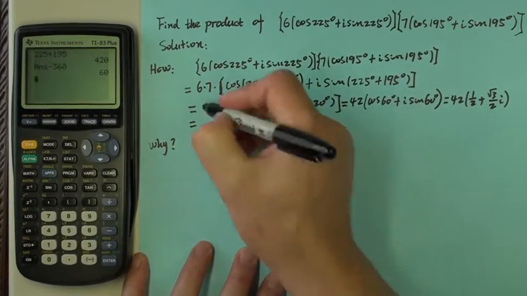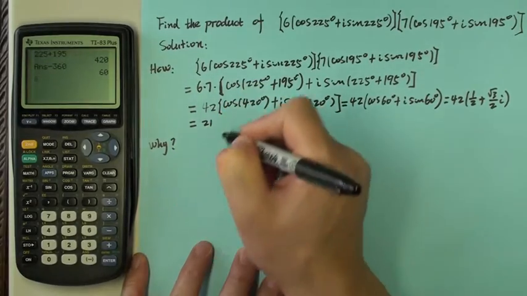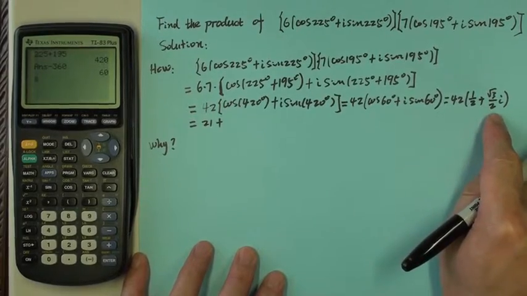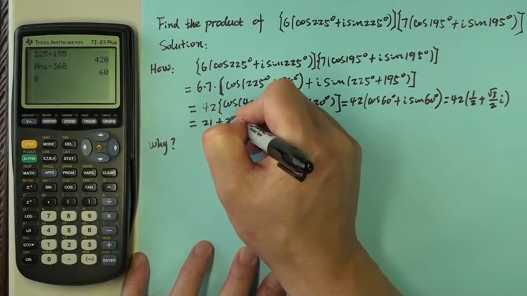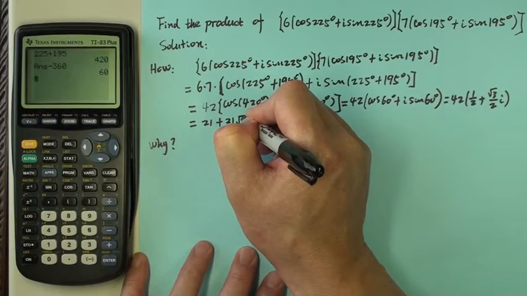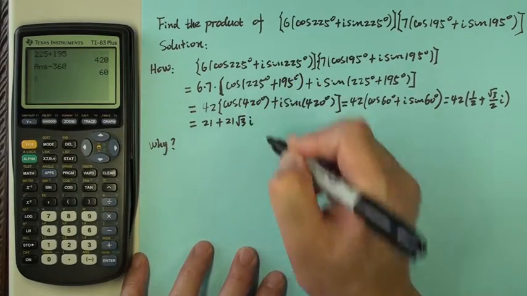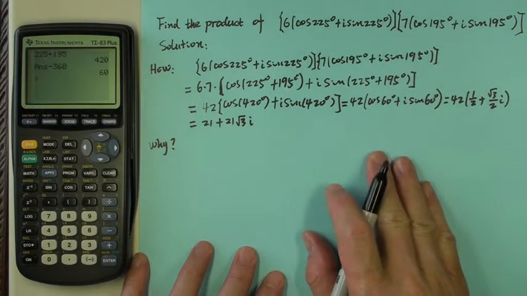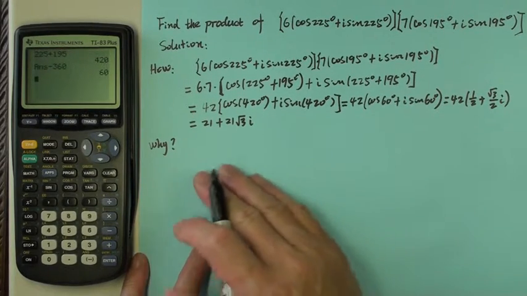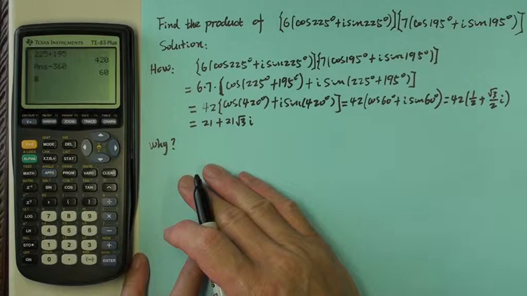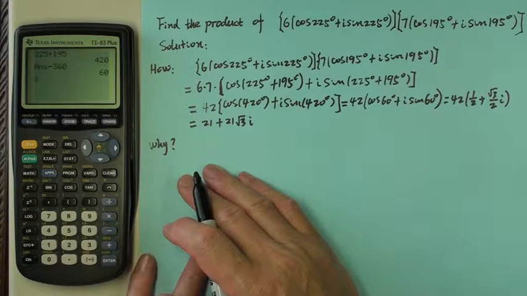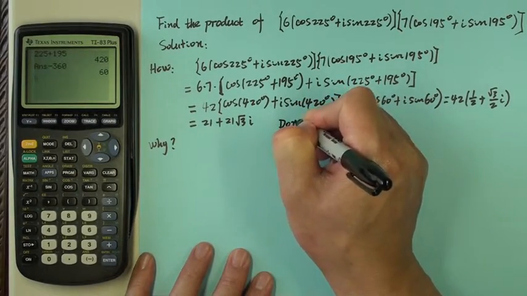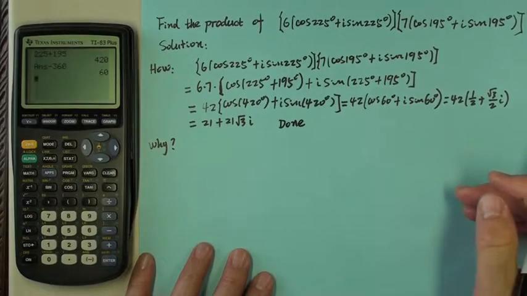So, final answer, you may put right here: 42 times 1/2, 21. And then 42 times radical 3 over 2, that's 21 radical 3, you put i, like that. So you are done. You know how to do it. Now, here is why. As long as you know how to do it, you are fine.